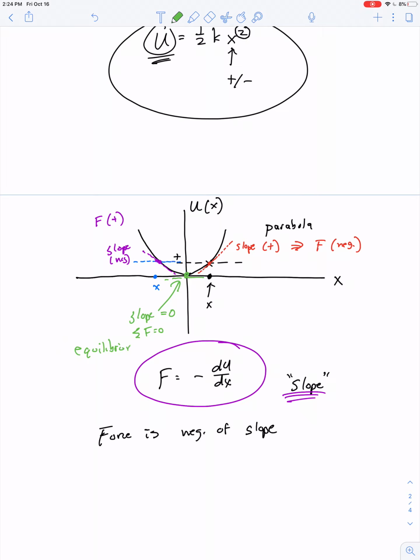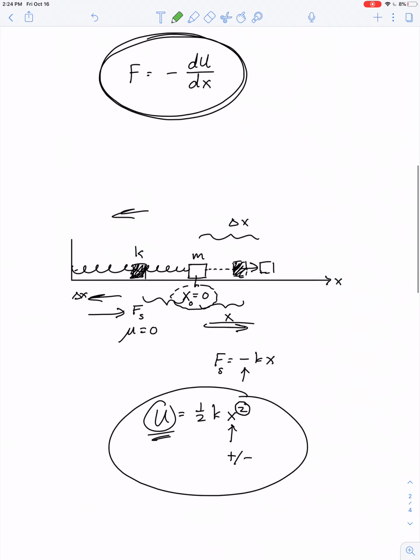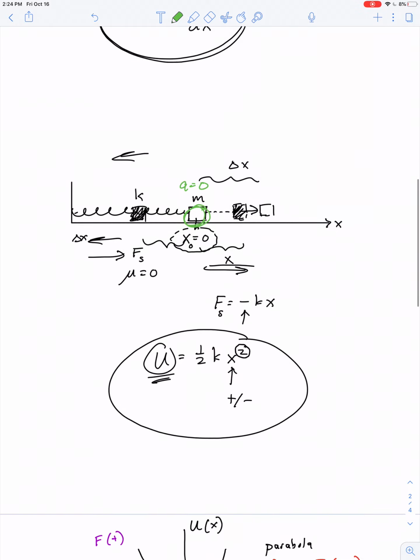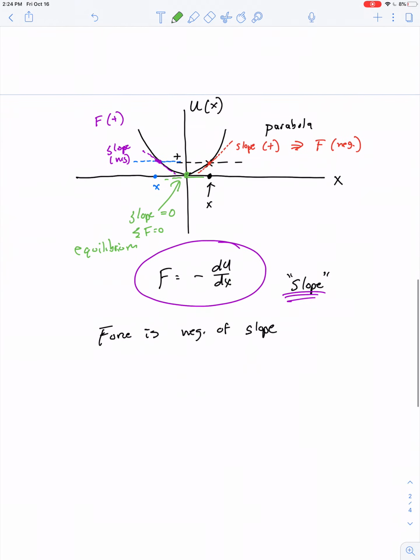But of course, we know that this is the only position at which the acceleration of the mass attached to the spring would be equal to 0. This position of equilibrium can be labeled as one of two types: either stable equilibrium or, you guessed it, unstable equilibrium.